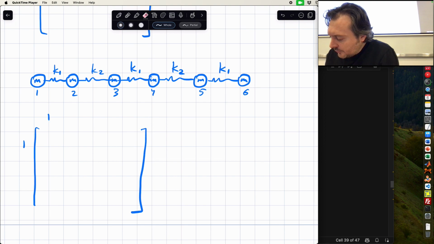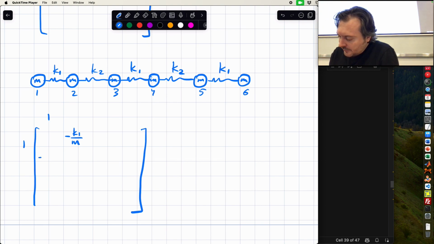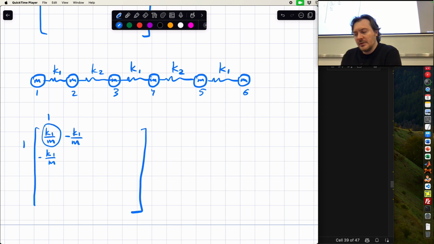So the first one has an interaction with the second one, for which it's going to get this minus K1 over M. Right? And the second one is interacting with the first one, so minus K1 over M. And in the middle, if you remember, it was K1 over M. Right? But that's the first one because it interacts only with the second one.